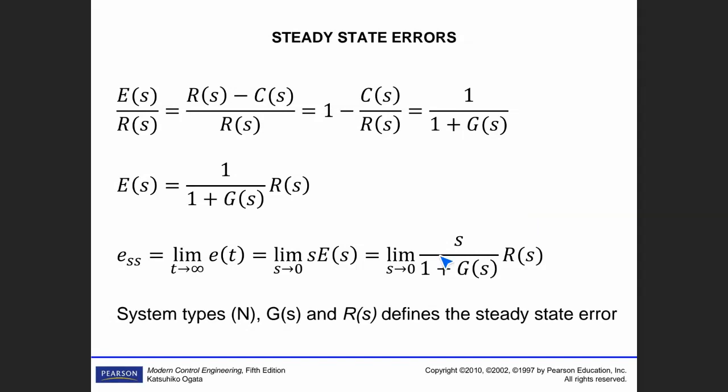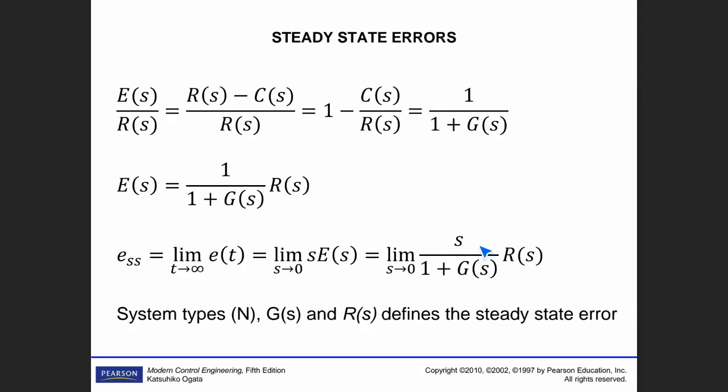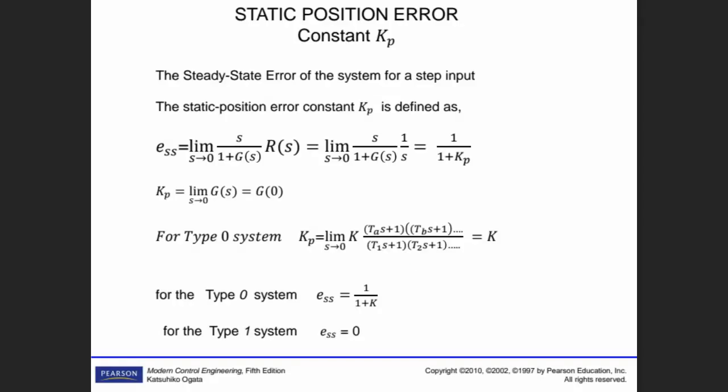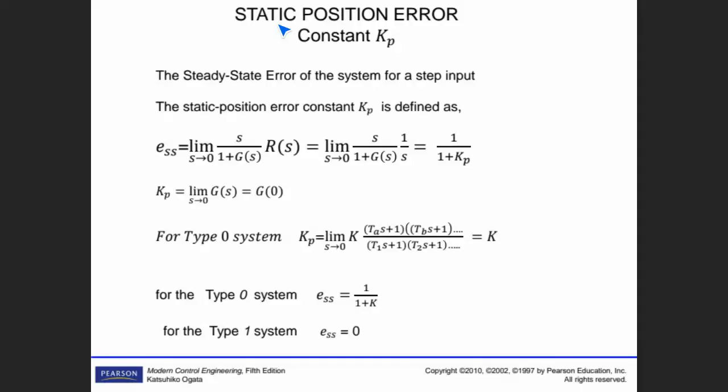Of course, G(s) is more important than anything else since the system is represented by G(s). However, R(s) is also important. So they are defined to make it easy. Although by hand, you can easily solve the above equations and obtain the steady state error. But in order to make it simple, they call it static position error.